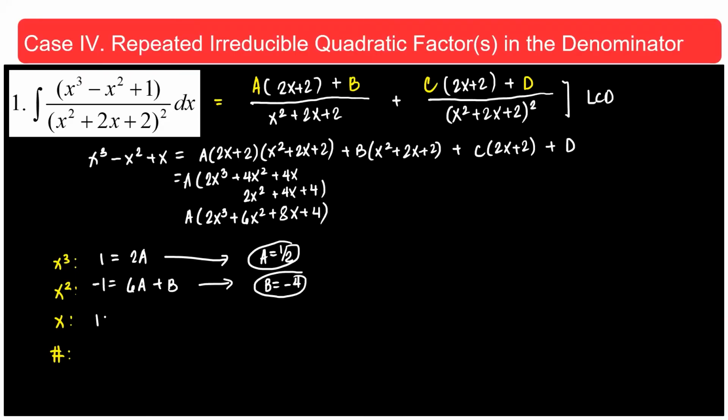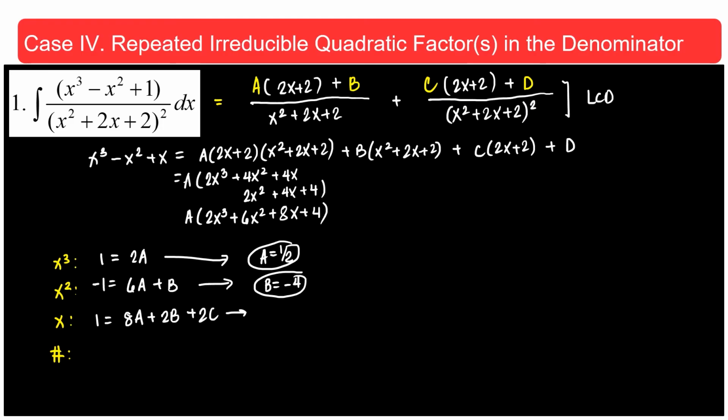For x, it's going to be 1, 8a plus 2b plus 2c. Let's solve. 8 times 1/2 is 4 minus 2 times 4. 4 minus 4 is -4.